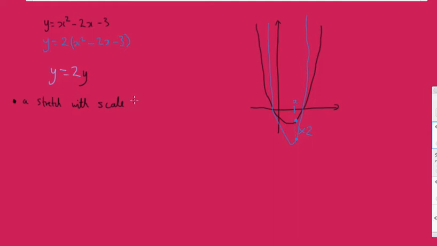A stretch of a scale factor 2 with the line y equals 0 invariant.